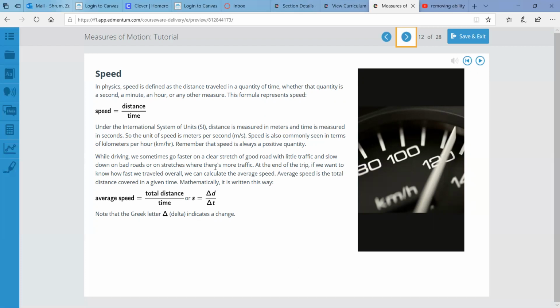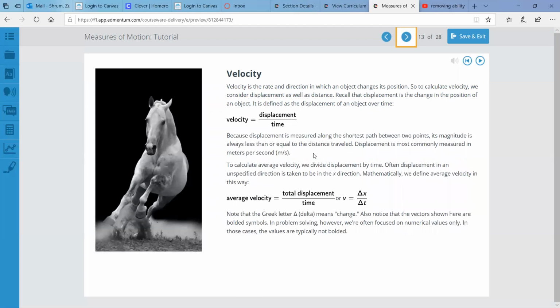So here are a few ways to write that out. Average speed equals total distance divided by total time, or S equals the change in distance over the change in time. And this delta is a Greek letter, and anytime you see that in an equation, that just means change. Change in time.